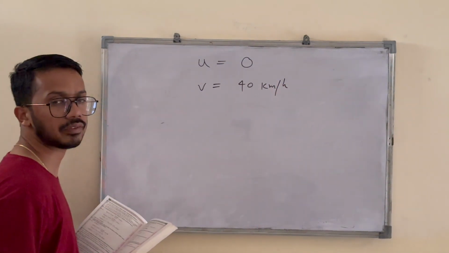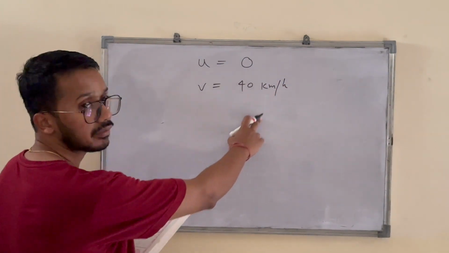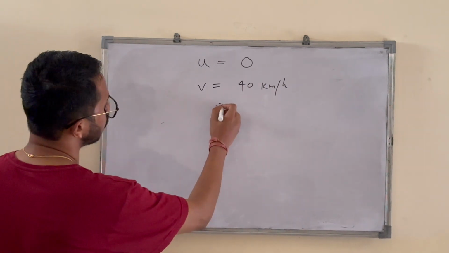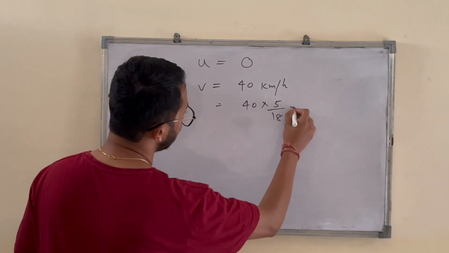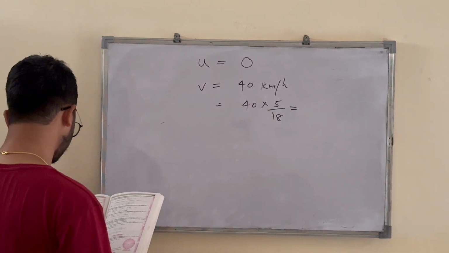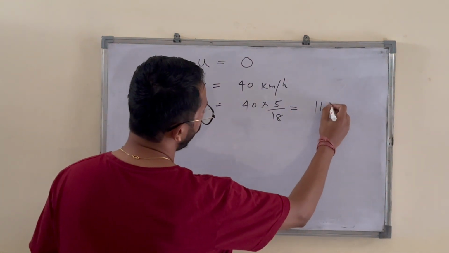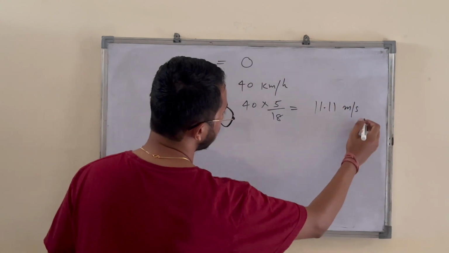As you remember, whenever we have speed in kilometer per hour, we have to convert it into meter per second. So it will be 40 multiplied by 5 by 18, which gives us 11.11 meter per second.